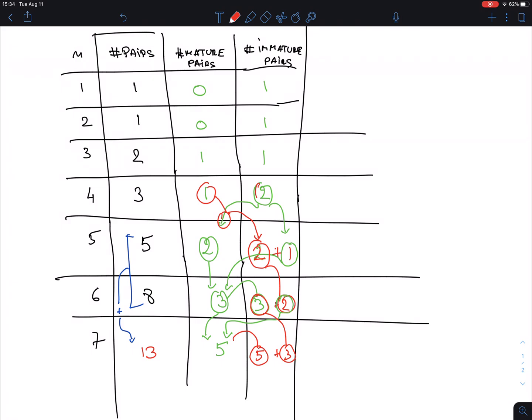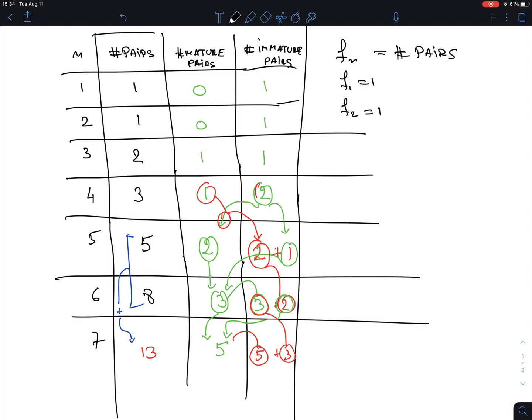Okay, so we can perhaps try to write this down now and show this. So remember, the Fibonacci sequence. Fn is the number of pairs. Notice that F1 is 1, F2 is 1.